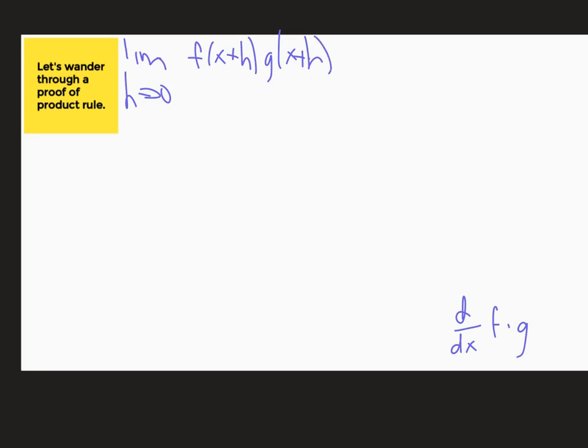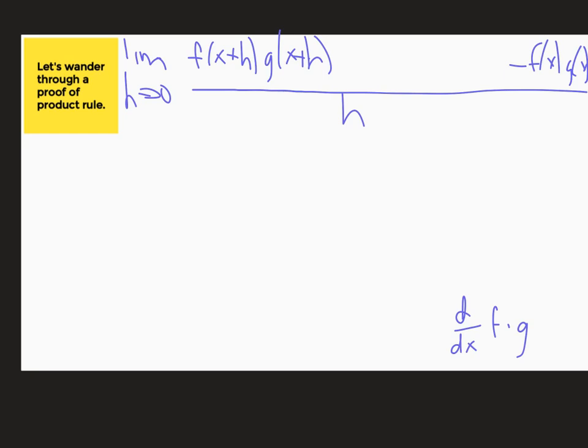All right, so product rule. Product rule is interesting. We want to find the derivative of f times g. So it's the limit as h goes to 0 of f of x plus h, g of x plus h, minus f of x, g of x, all over h.